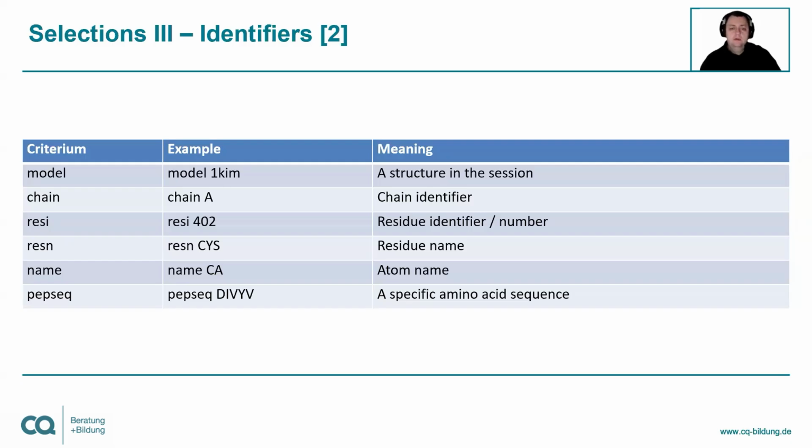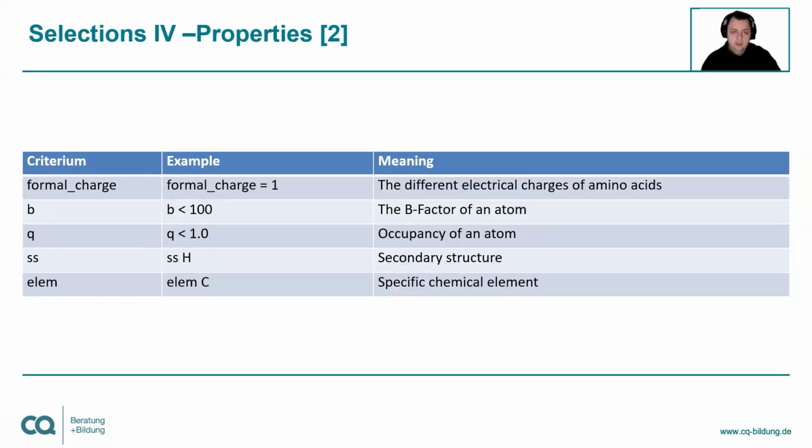Structures can be selected by atom name, and for proteins, even certain peptides can be picked by using the criterion pepseq and then using an amino acid sequence in one letter code to create a selection of this specific sequence.